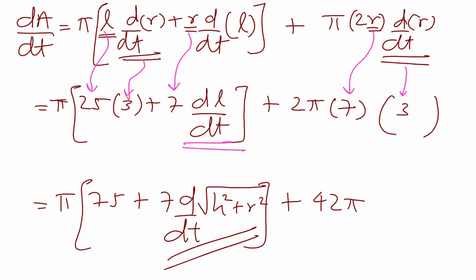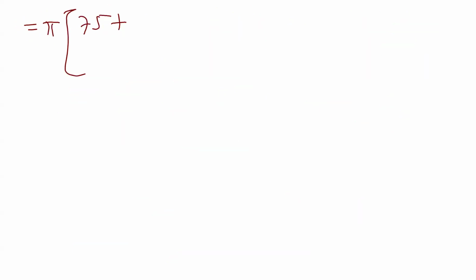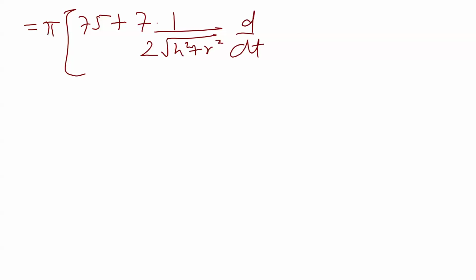So this will be pi into 75 plus 7 into 1 upon 2 root h square plus r square into d by dt of h square plus r square. Chain rule. Plus 42 pi.